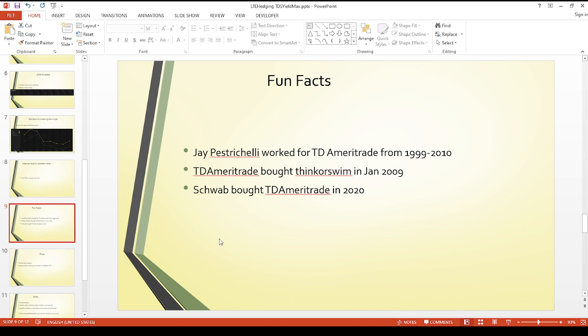And just some fun facts that I found out while researching this. I think some of you might already know this, but it's helpful for new folks. So Jay Presticelli is the CEO of Zeta Financial, which does the advisory for the YieldMax and Defiance funds. He worked for TD Ameritrade from 1999 to 2010. And then TD Ameritrade bought Thinkorswim in January 2009. And then after that, Schwab bought TD Ameritrade in 2020.